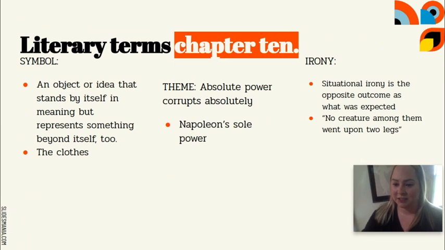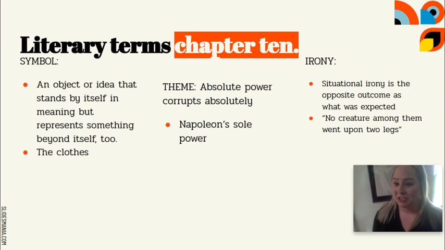So, for your literary terms, first we have symbol, and as you know, a symbol is an object or an idea that has meaning in itself, but it also takes on a second and deeper meaning.